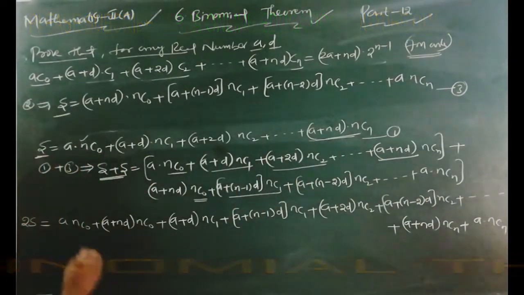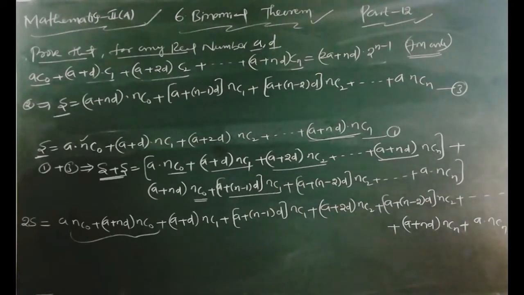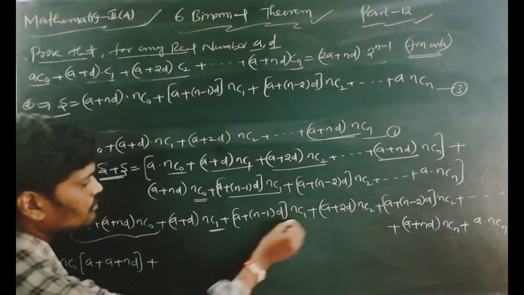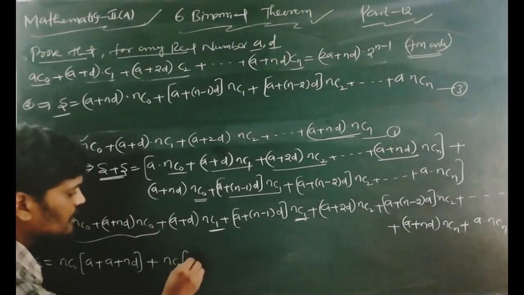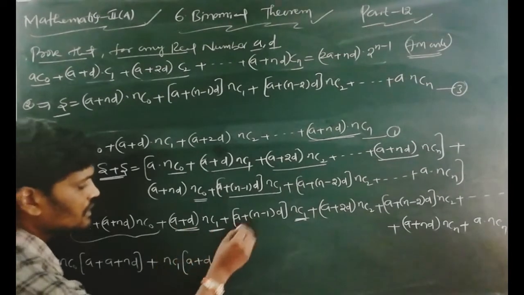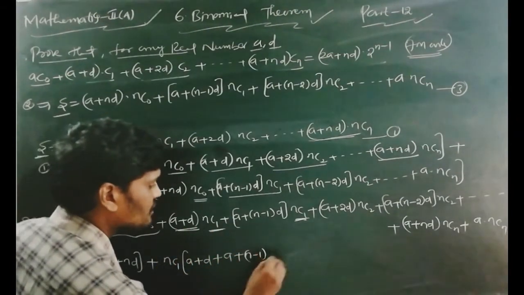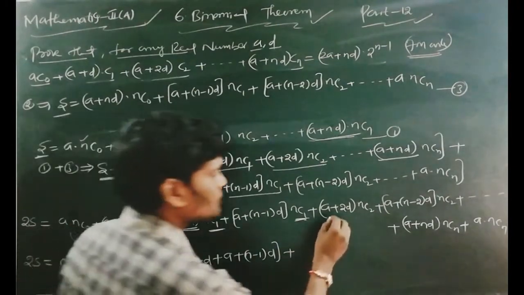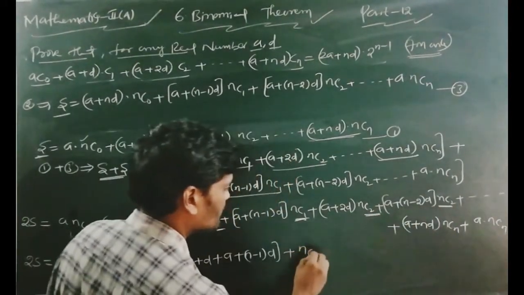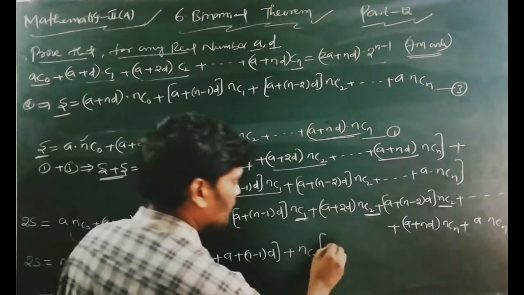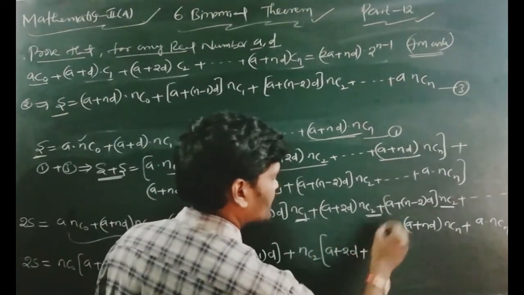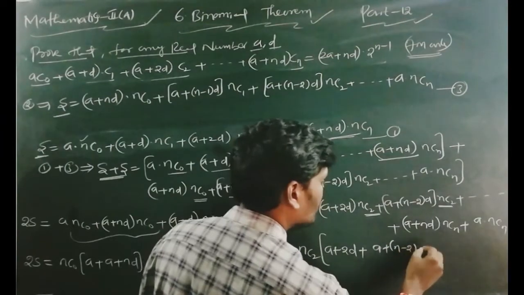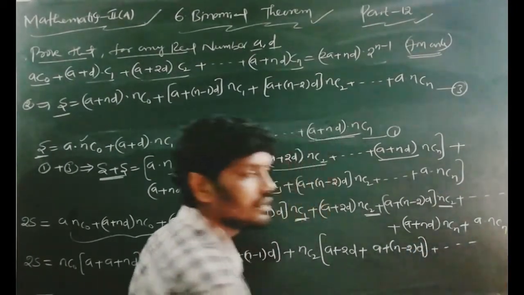After that, in these two terms, which one is common? nC0 is common. 2S is equal to nC0 common, (a plus nd), plus in these two terms nC1 common, (a plus d) is the first term, second term (a plus (n minus 1) into d), plus in these two terms nC2 common, (a plus 2d) plus (a plus (n minus 2) into d), and so on.